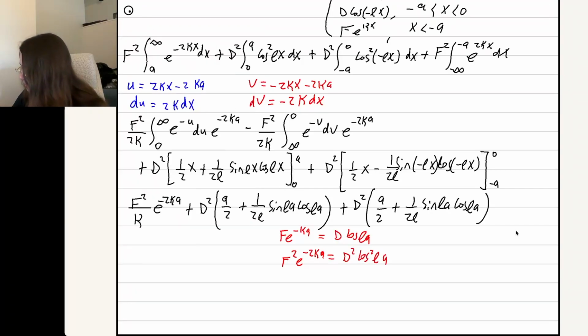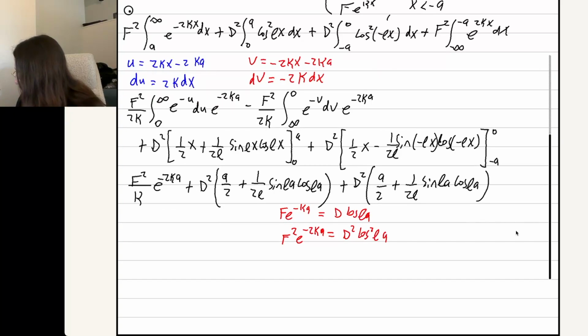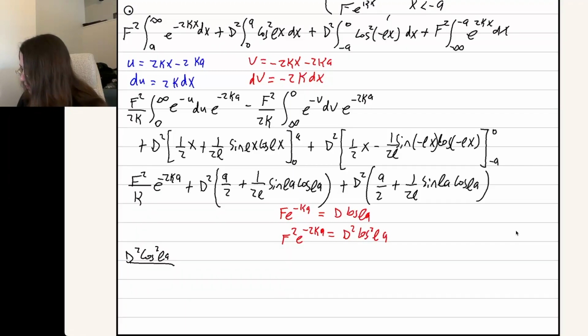So we're going to say that this is now d squared cosine squared La all over kappa plus d squared, and adding these up, it's going to be just a plus 1 over L sine La cosine La. And then we can set that equal to 1, because that's what we've been doing this whole time.